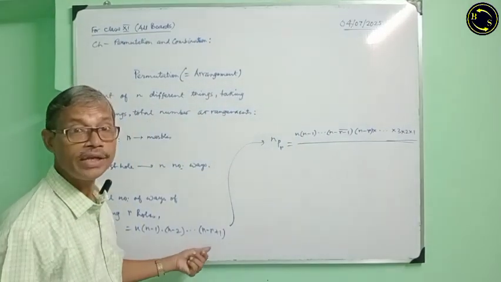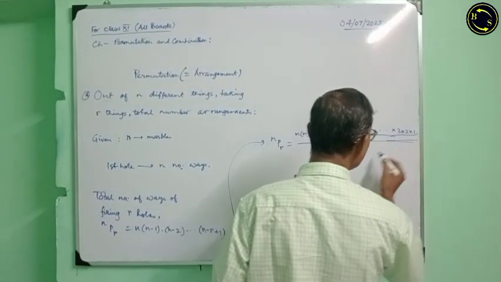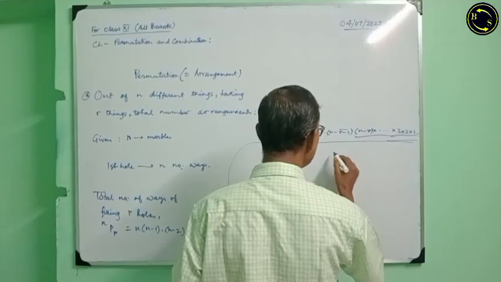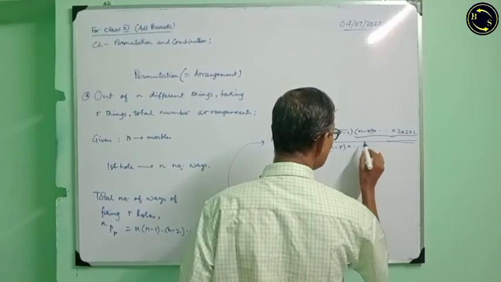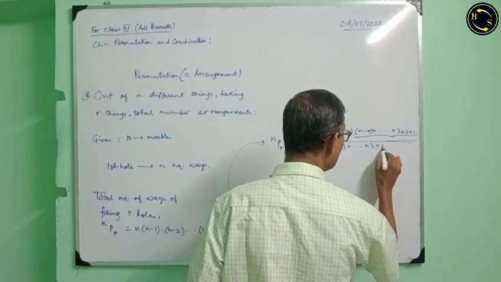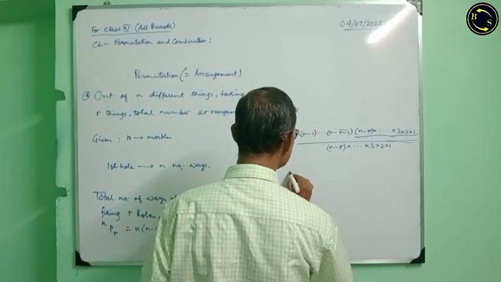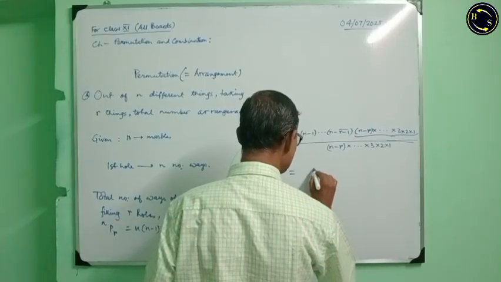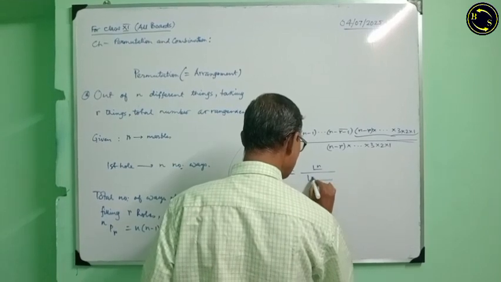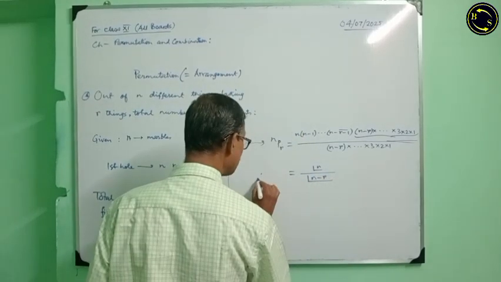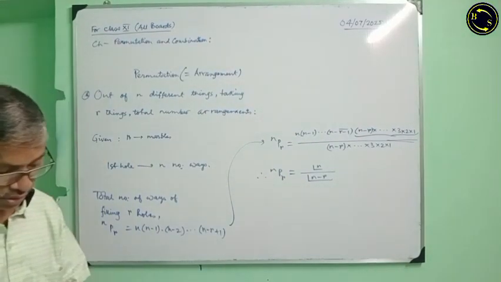To express this in factorial form, I have multiplied this one at the denominator as well as at the numerator. Therefore, we get this one in factorial symbol as factorial n. This one in factorial symbol is factorial n minus r. Therefore, nPr is equal to this one.